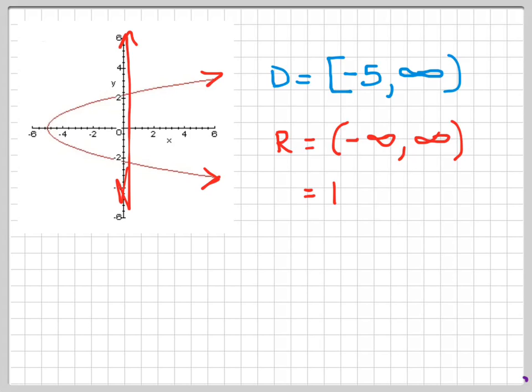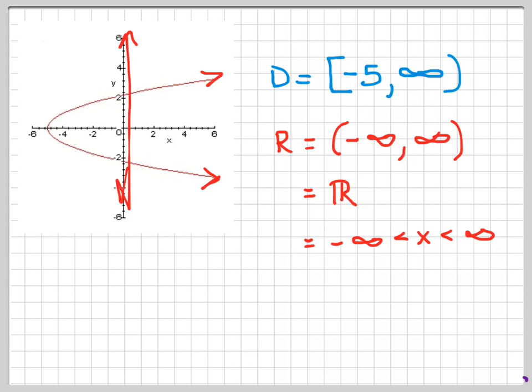We could also just say it's all real numbers because any y value works. We saw inequality notation. I'm not a fan of this, but it'll work. I like that. It's between infinity and -infinity. So all of those are statements of what the domain and range is for that graph.